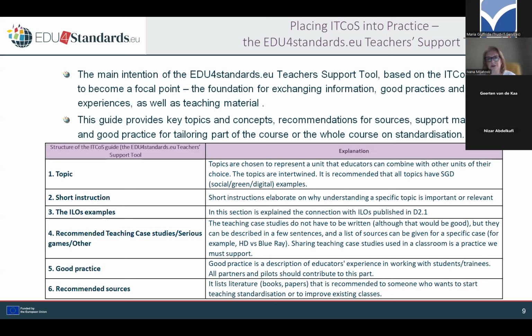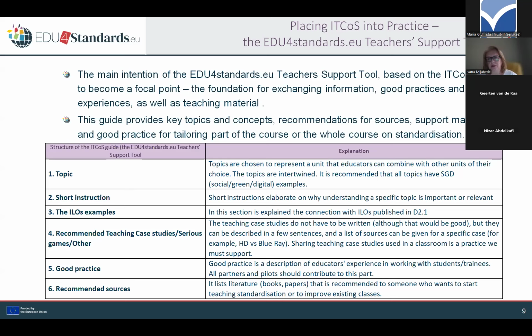So by using a unified structure for presenting topics, ideas, experience, and materials to the teachers, we have identified 6 elements. First is topics. Topics are chosen to represent a unit that educators can combine with other units of their choice.